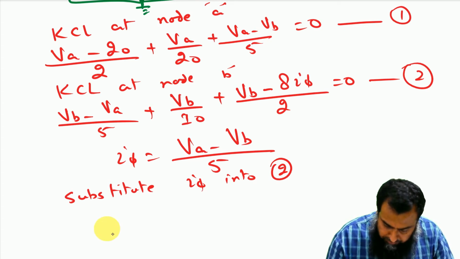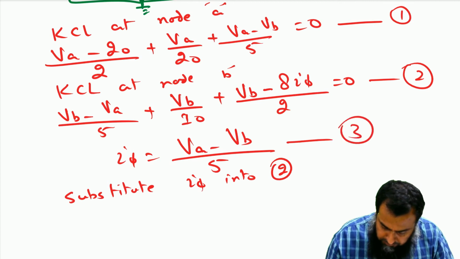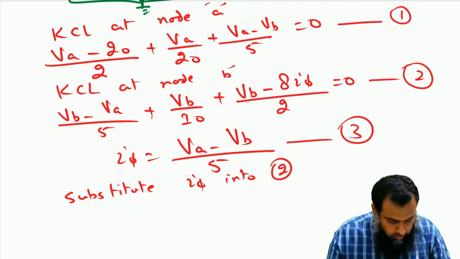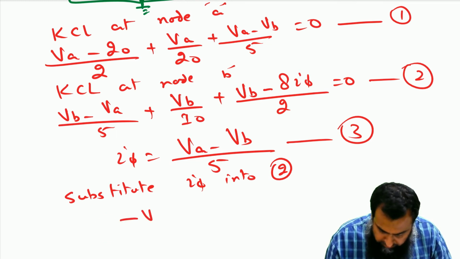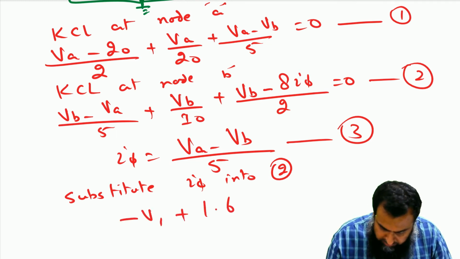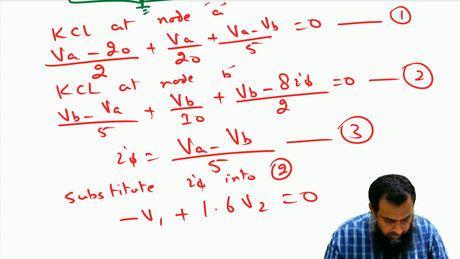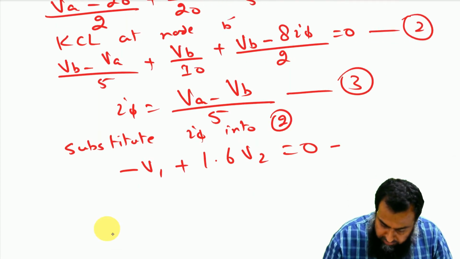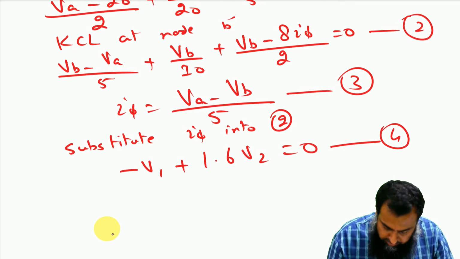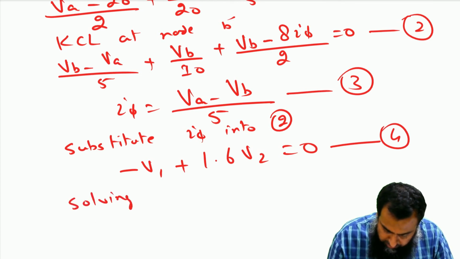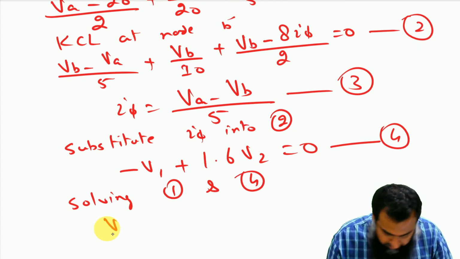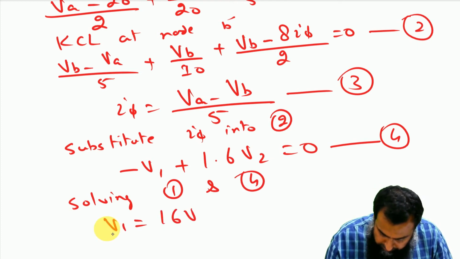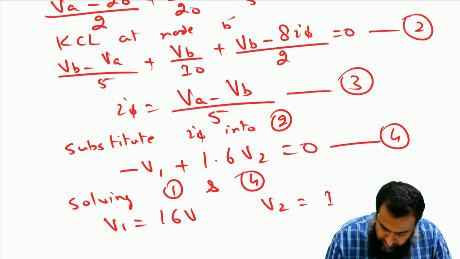If I put this equation number 3 into equation number 2, I get minus V1 plus 1.6 V2 equal to 0. Calling this equation number 4, and solving equations number 1 and 4 together, we get V1 equal to 16 volt and V2 equal to 10 volt.